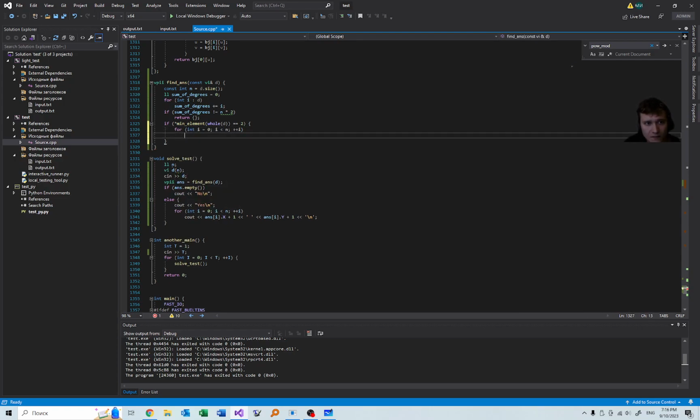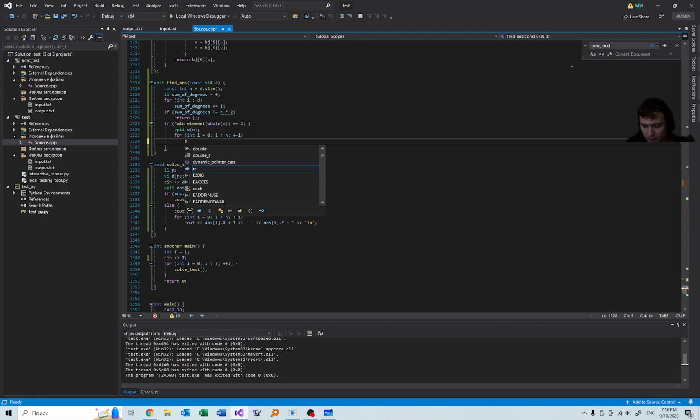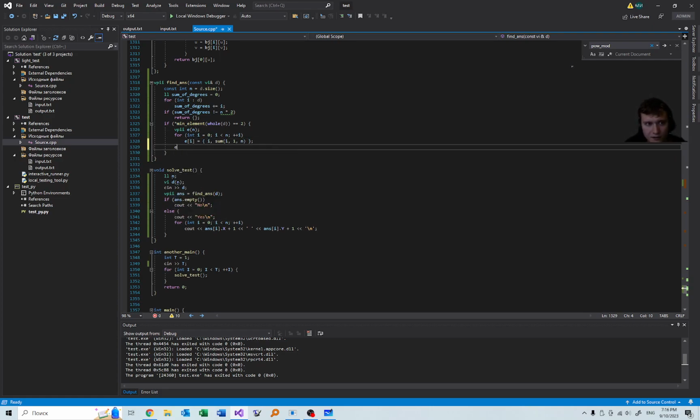So we say E of n. Actually, we say that E[i] equals i, actually just E[i] equals i and sum i modulo n, and return E.